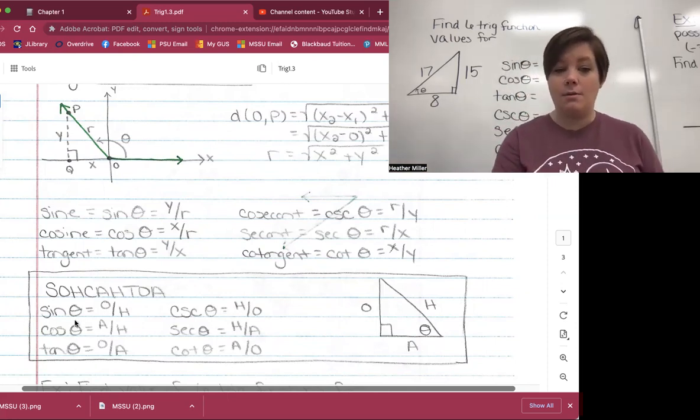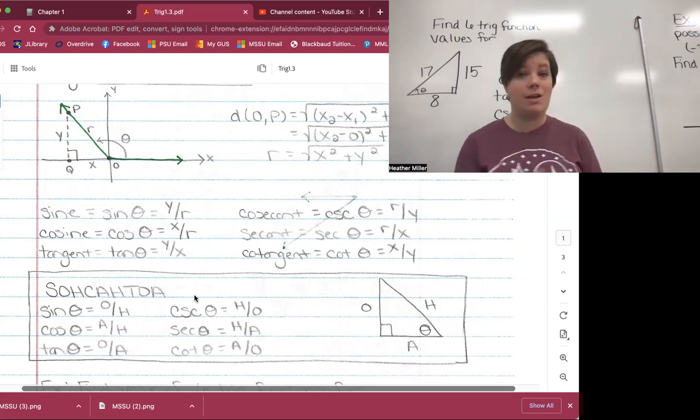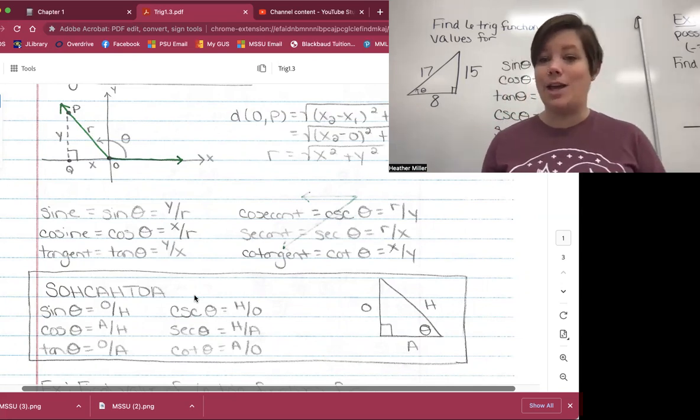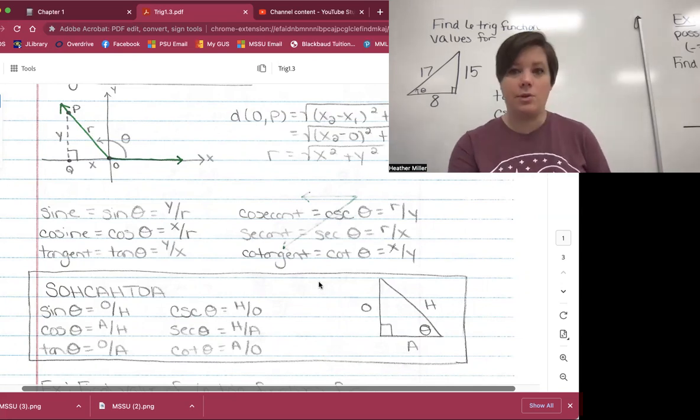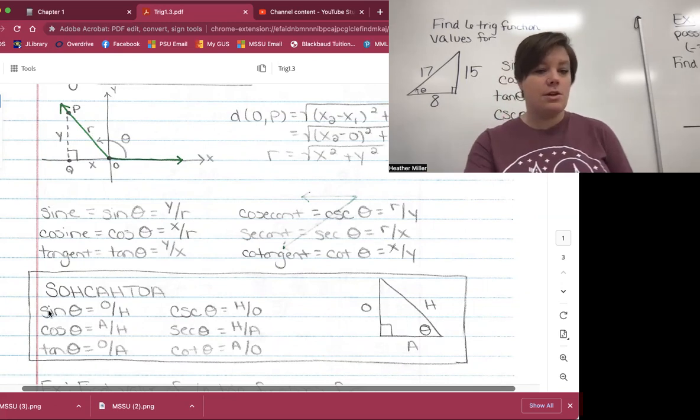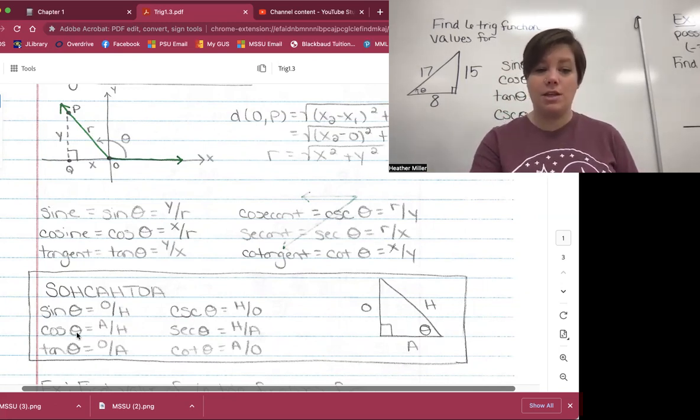Okay. I can remember SOHCAHTOA. I don't always remember y over r or x over r. Sometimes I have to go back and reference it, and that's okay to do. SOHCAHTOA, I never have to go back and reference. So sine of theta is opposite over hypotenuse. Cosine of theta is adjacent over hypotenuse, and tangent of theta is opposite over adjacent.